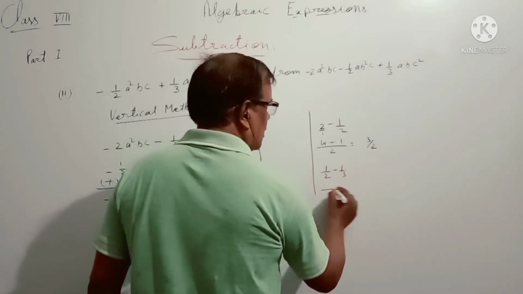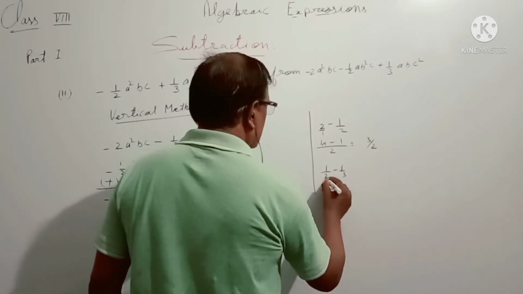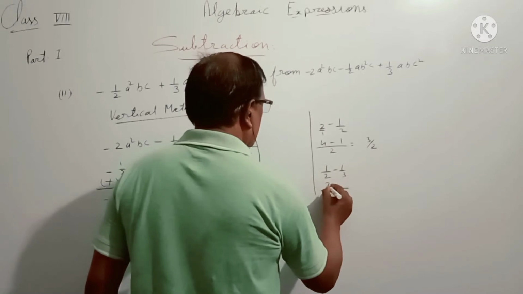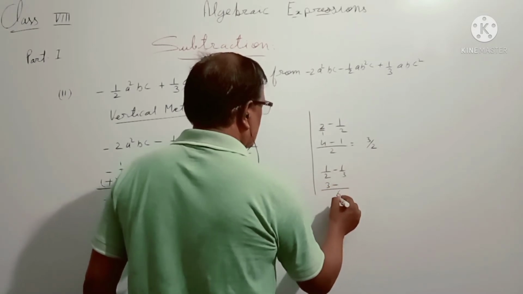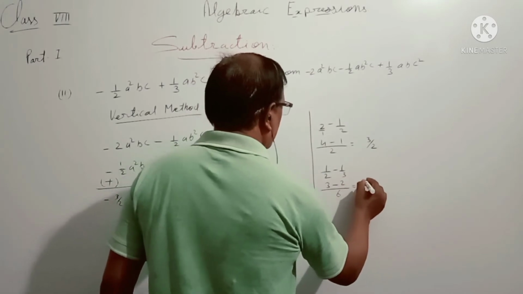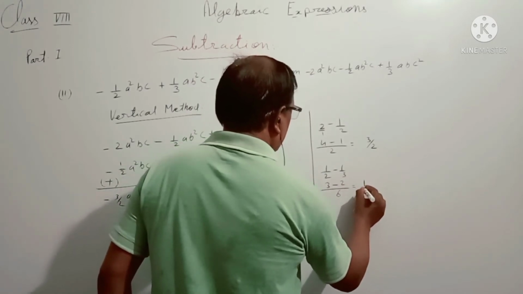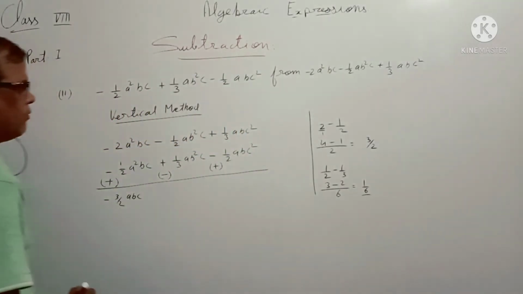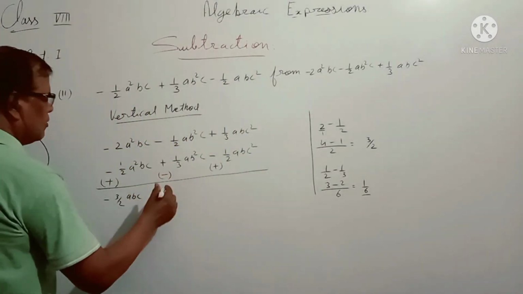Take LCM 6: 2 3s are 6, then 3 1s are 3, and 3 2s are 6, then 2 1s are 2. We have got 1 by 6. And the sign of 1 by 6 here is minus.